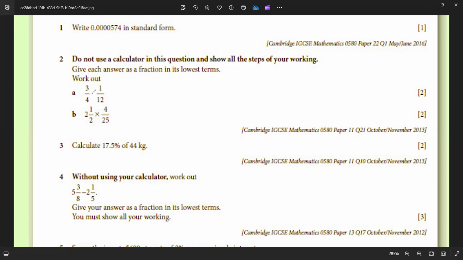Work out 3/4 divided by 1/12. This can also be written as 3/4 times 12/1. 3 times 12 will get 36. 4 times 1 get 4. 36 divided by 4 is 9. So this is the answer.